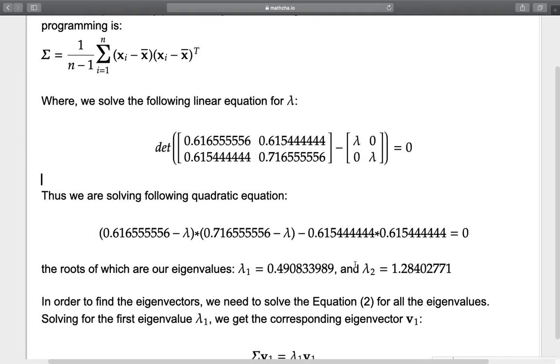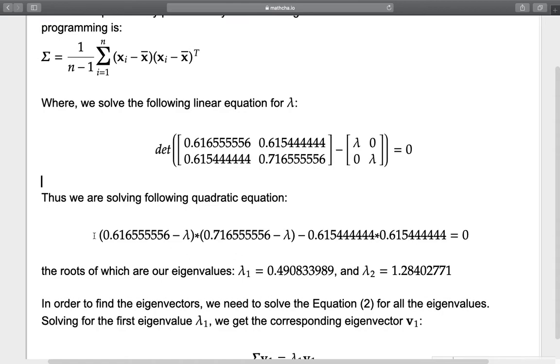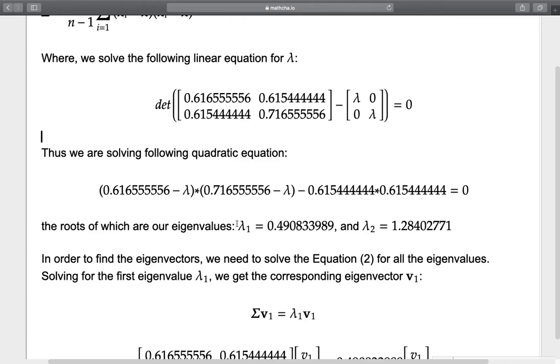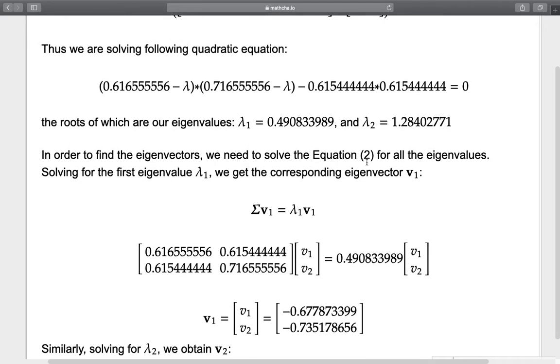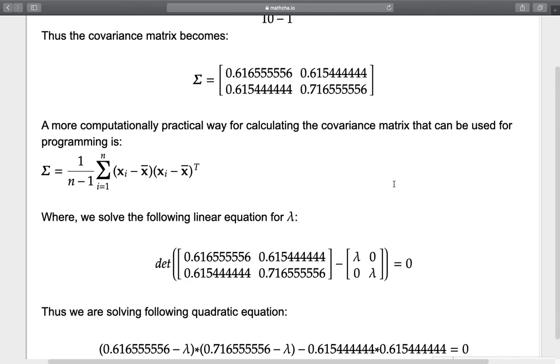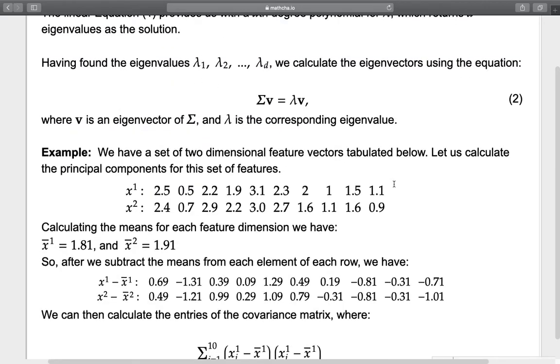So we will be solving this quadratic equation, and the roots of this equation will give us the eigenvalues lambda 1 and lambda 2. In order to find the eigenvectors, we will now need to solve equation 2 for all the eigenvalues, which was equation 2.